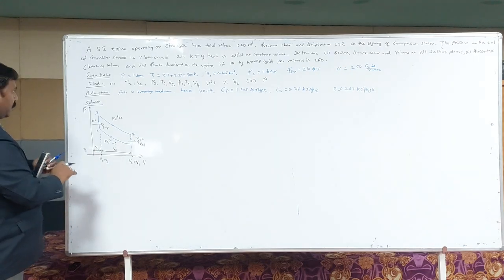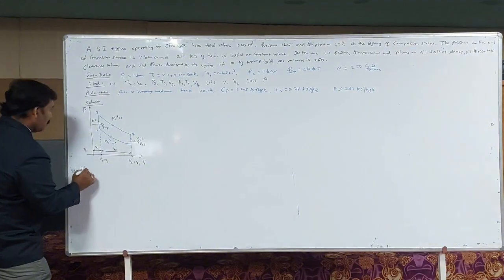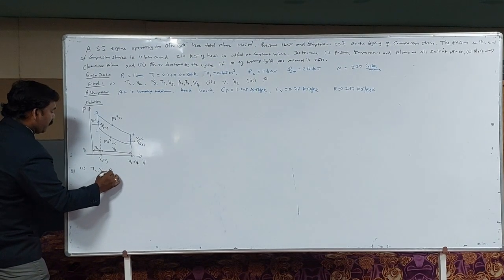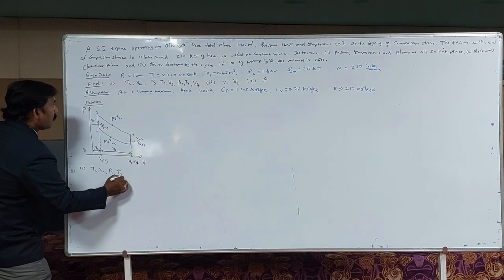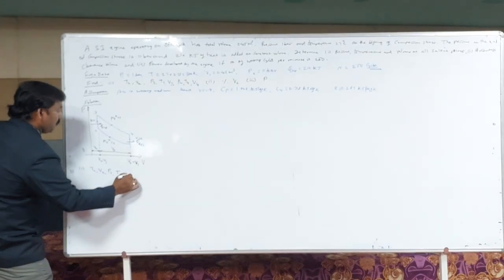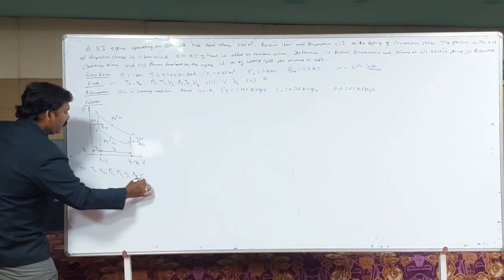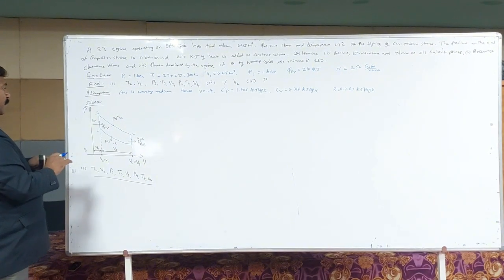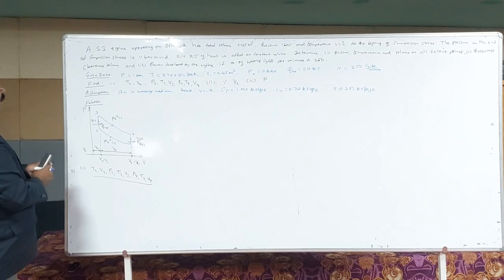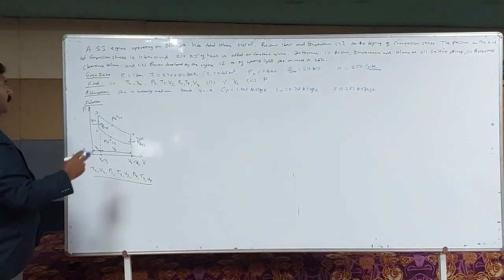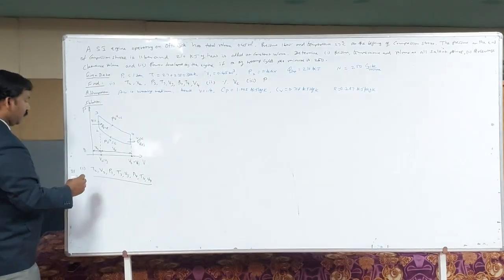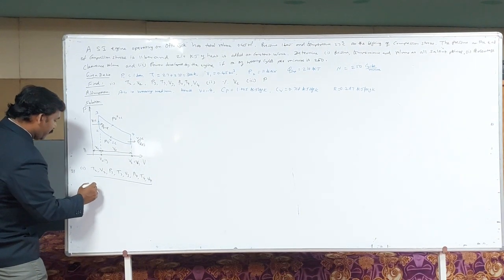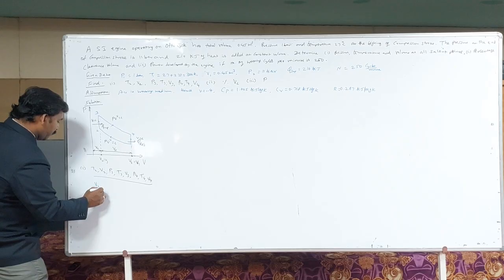To start with, the case 1 is we have to find out T2, V2, P3, T3, V3, P4, T4 and V4. So we have to find out all these things. Now V1 is the known value and P2 and P1 are also known values. So I need to find what is V2.